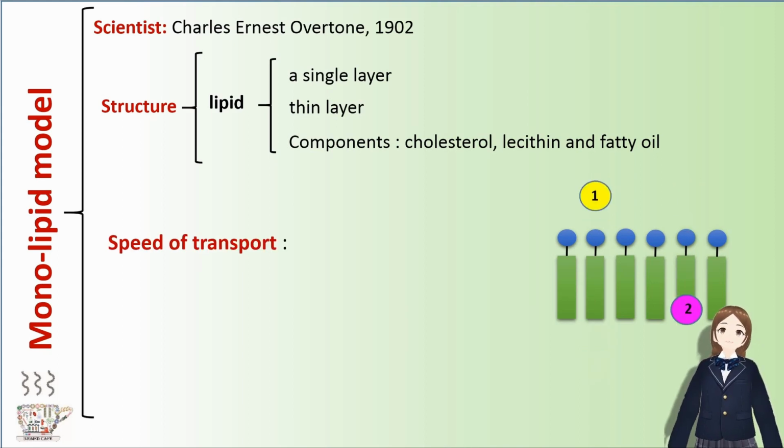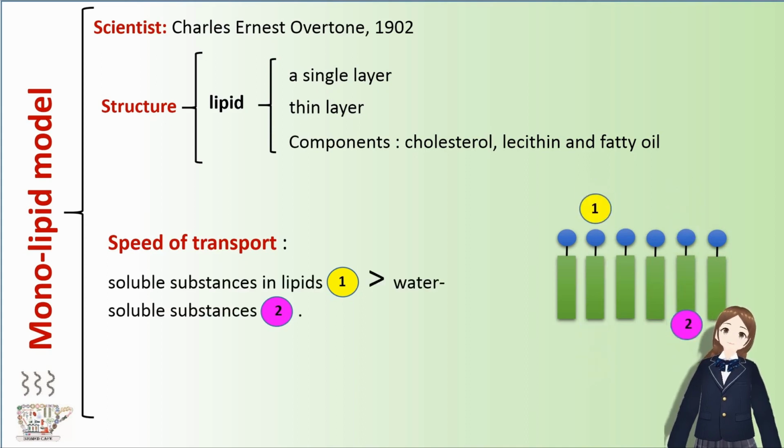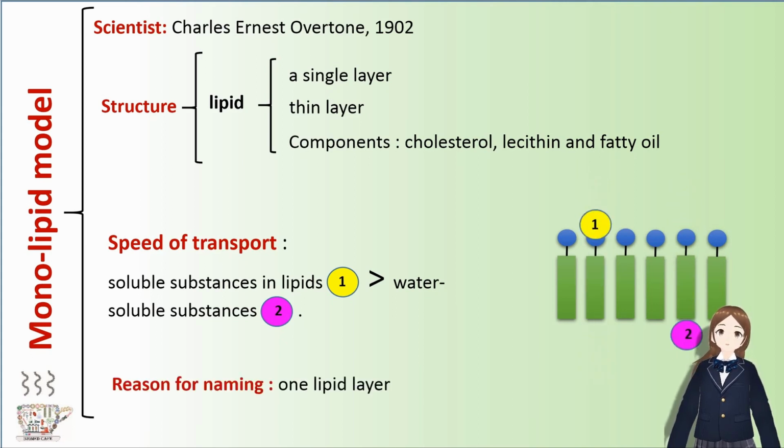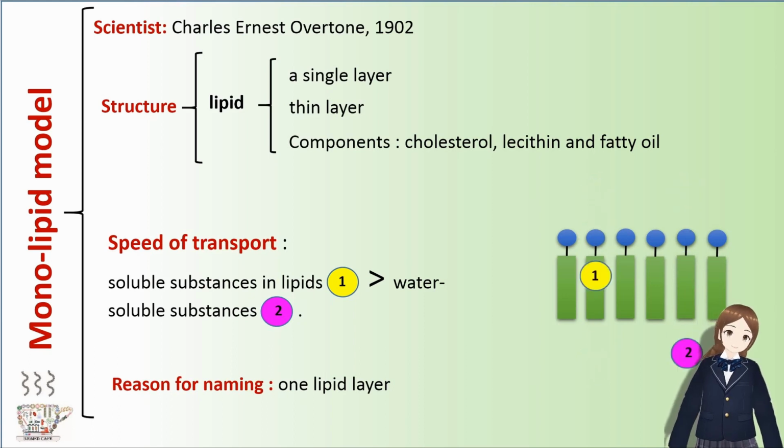According to this model, the transport of lipid-soluble substances occurs faster than of water-soluble substances. The reason for naming this model is the existence of one lipid layer in the cell membrane.